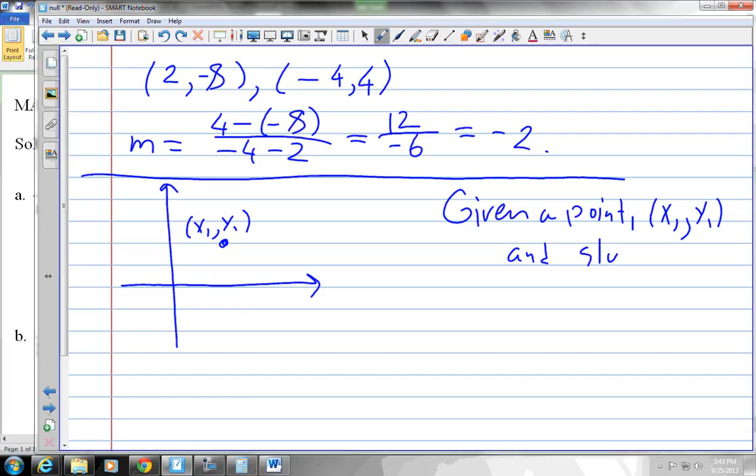And slope of that line, m. So we have a point on that line, and we have the slope. So let's say interpreting the slope, we were able to graph the line. So here's the graph of that line, right? If I just have a slope on a point, you can sketch the graph really fast, like we did before, right? You start with a point, and then you interpret the slope.